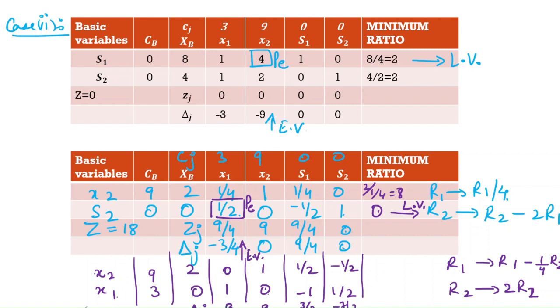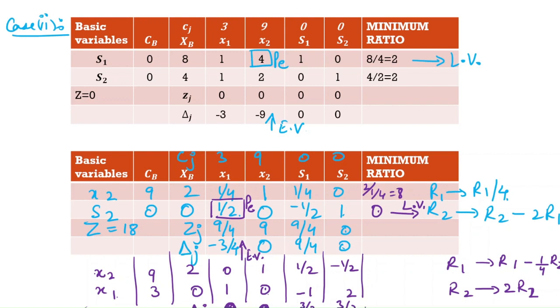So 3 minus 3 becomes 0. 9 minus 9 becomes 0. 3 by 2 is again the same. This is not negative. I think I have not written it correctly. Let me just, this is 2, sorry. So minus 9 by 2 plus 6 would be 12 by 2. So this is coming out to be 3 by 2. So all are positive, as we could see here.